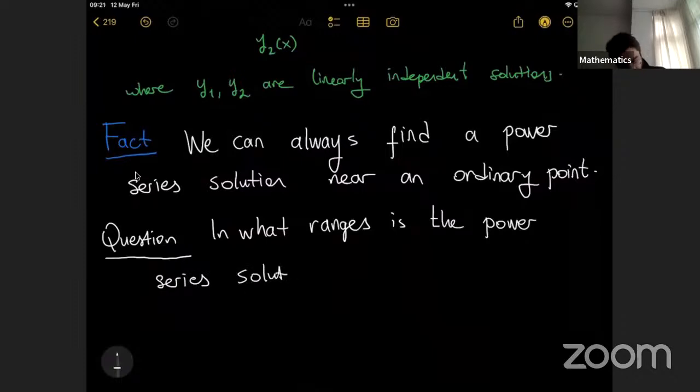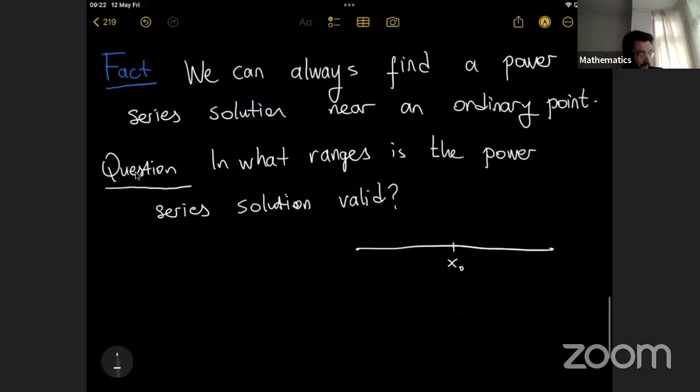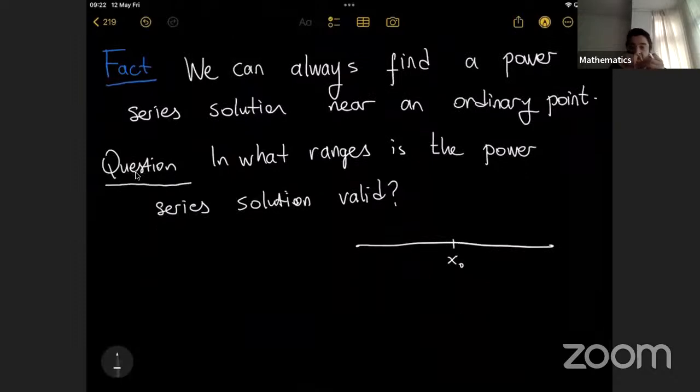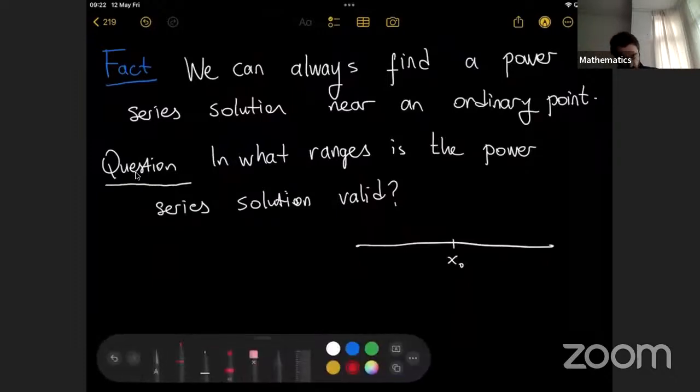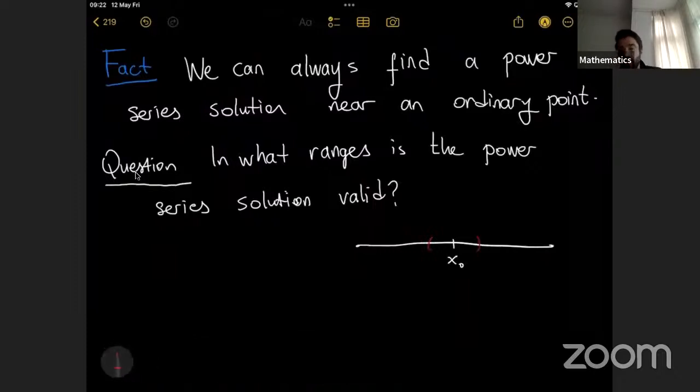That means you find a solution near an ordinary point x naught, but how large is the interval where this power series solution exists? So that's the question. This can be small or large. How do you determine this?